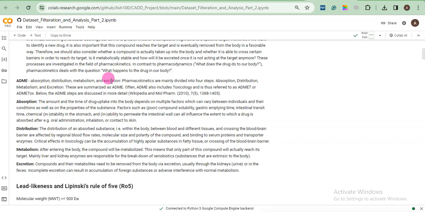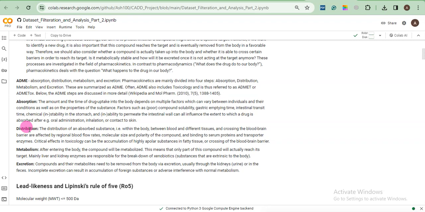If a drug is not absorbed well, then it is of no use. Suppose the drug is absorbed. What is next? It should be distributable. It should not stay in one place. It should be distributable into different parts of the body, or it should be absorbed in the bloodstream.